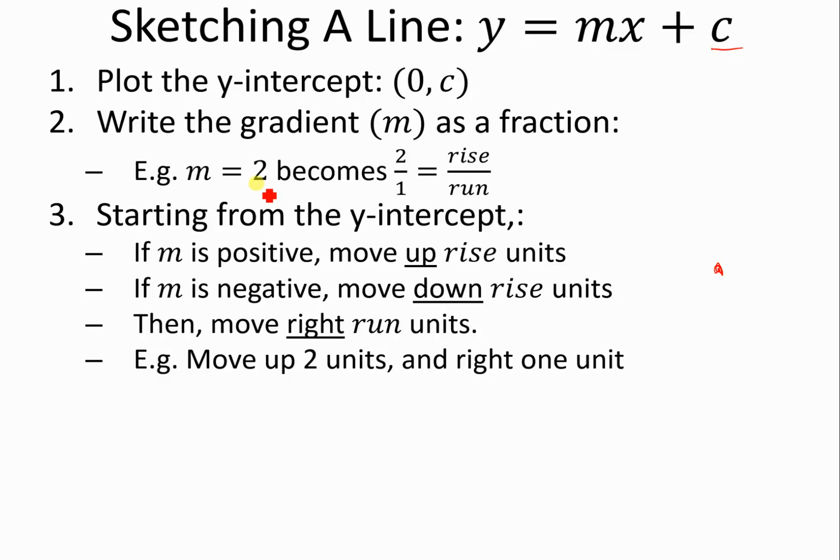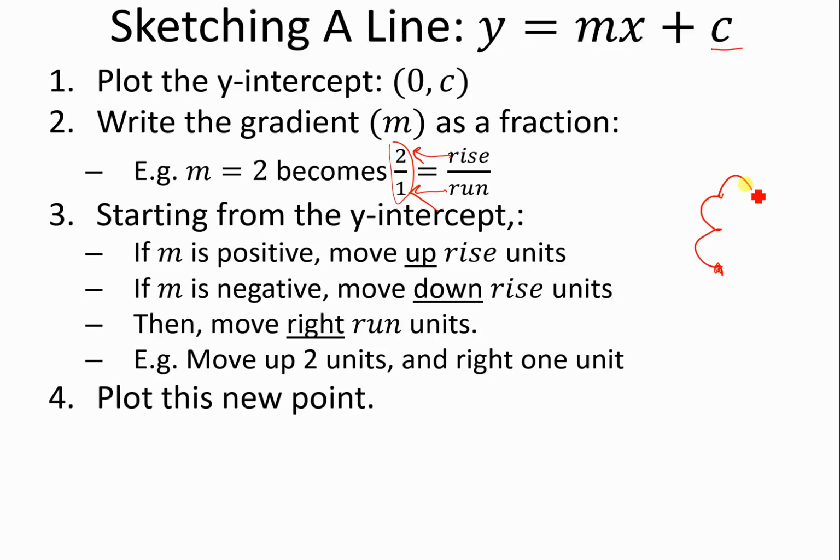So in our example, if m is 2, I'm going to write that as a fraction, 2 over 1, since any number divided by 1 just gives itself. So here m is positive, so we're moving up 2 units because the rise is 2. And then we're moving right 1 unit because the run is 1, and we always move to the right.